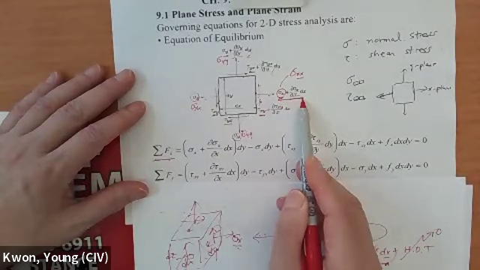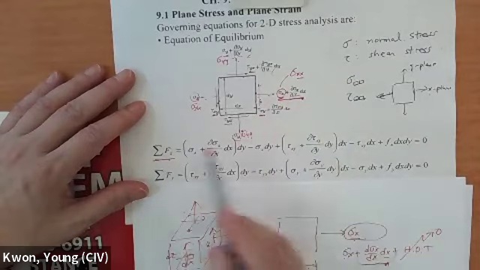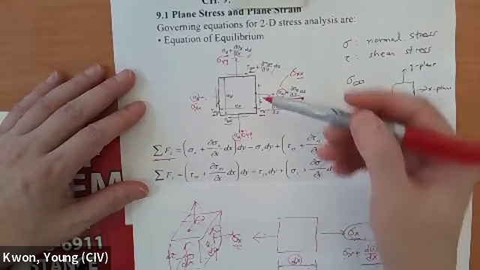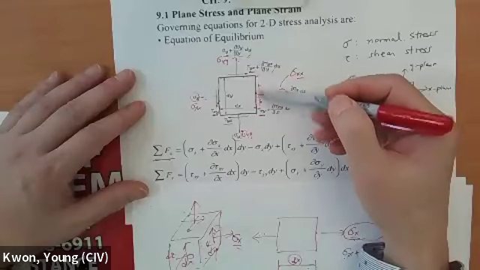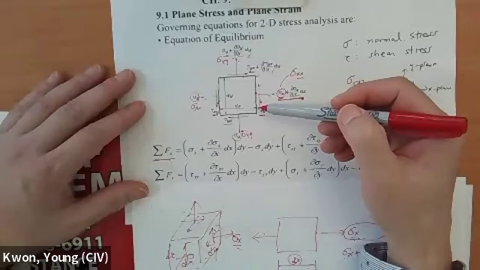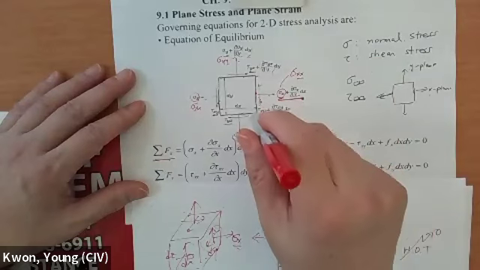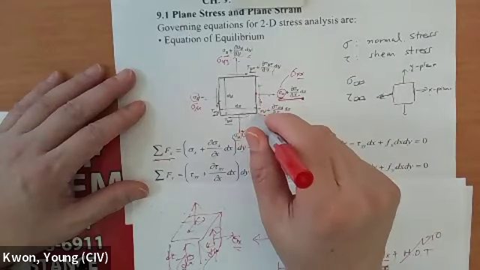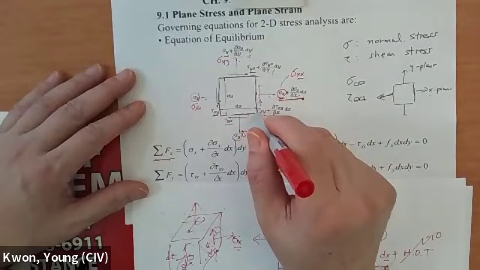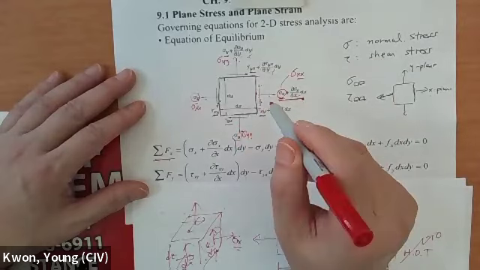this is the stress times area, because force is going to be stress times area. Area is going to be this, which is going to be dy. And then for simplicity, the z direction is going to be unit value, okay? Because it is 2D, you can assume whatever value in the z direction, so let's say unit value.